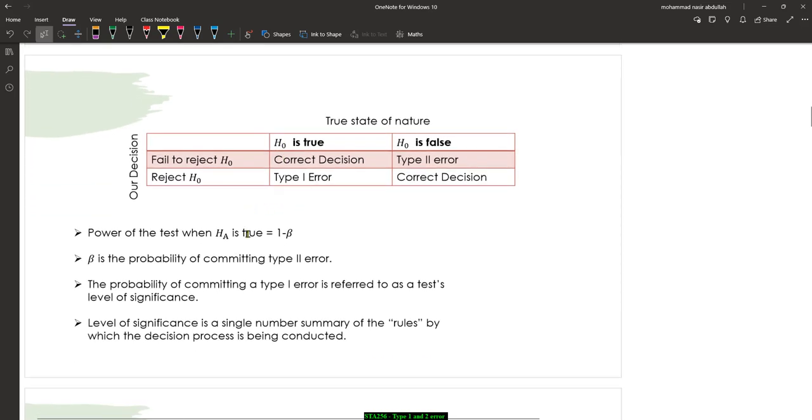So this is the confusion matrix. In nowadays' terms, we call it a confusion matrix, or we call it predicted versus actual value. So on top, in the columns, this is the actual condition.